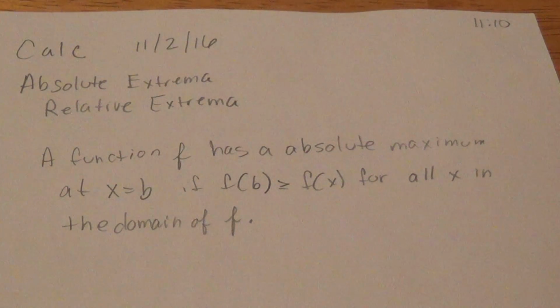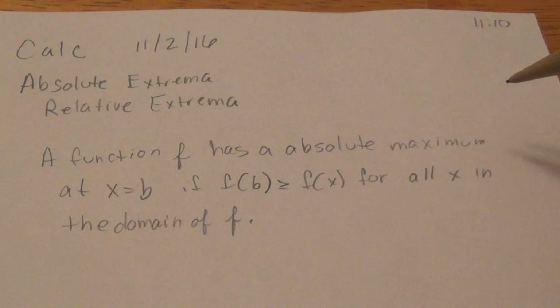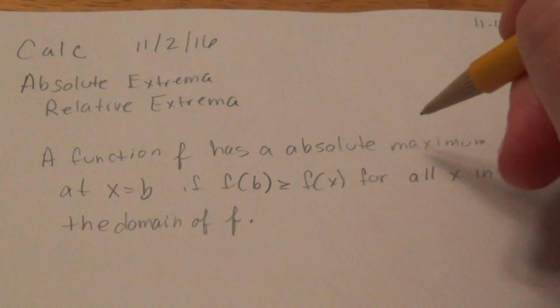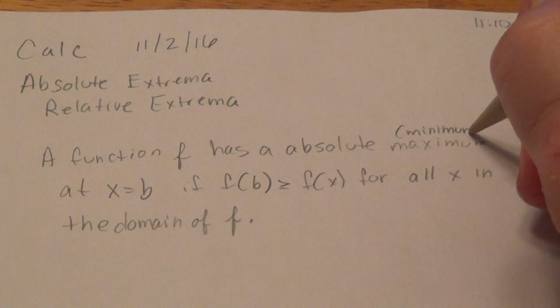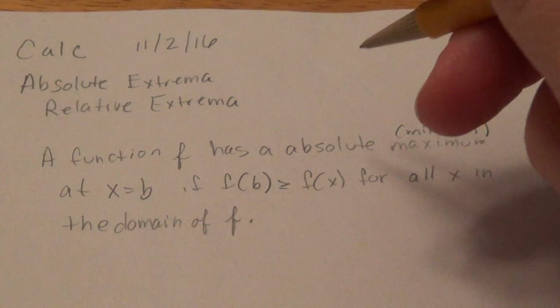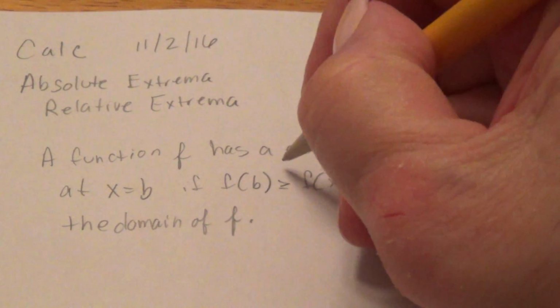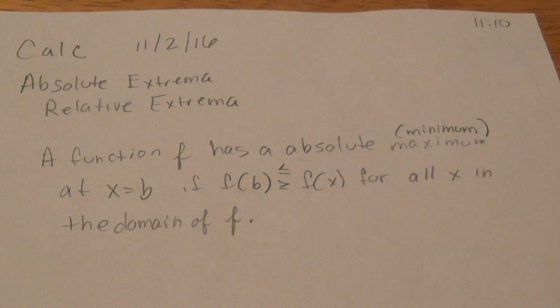All right, so if you would write down this definition of absolute maximum, and a function has an absolute minimum at x equals b if f of b is less than or equal to f of x for all x in the domain of f.